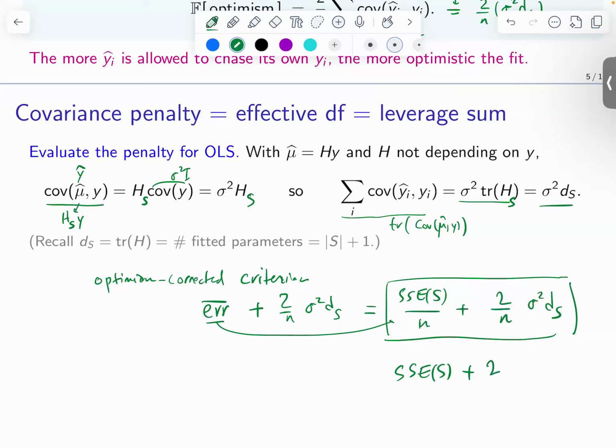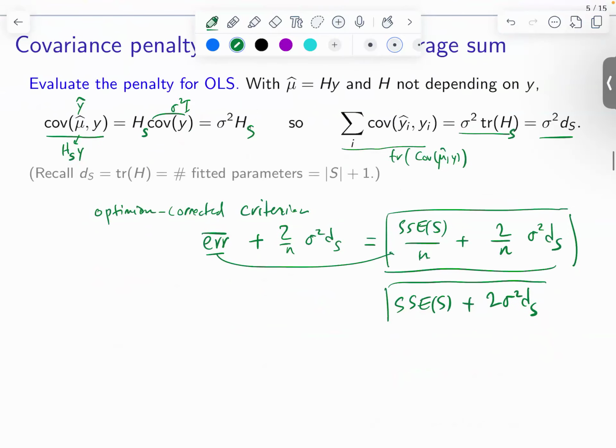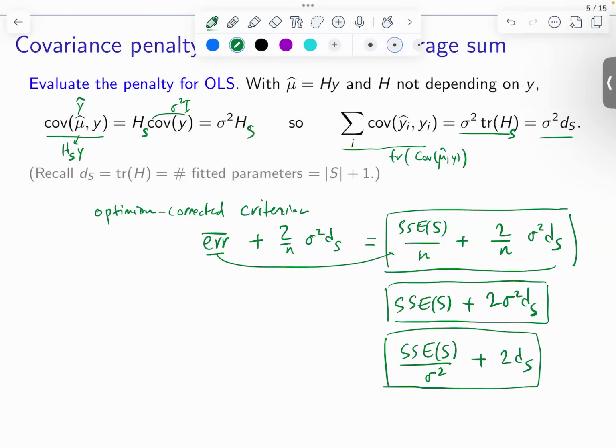I can multiply by n, and that's another viable quantity. Or I could divide by sigma squared, and this is also another equivalent. These are all equivalent criteria to try to minimize over s.